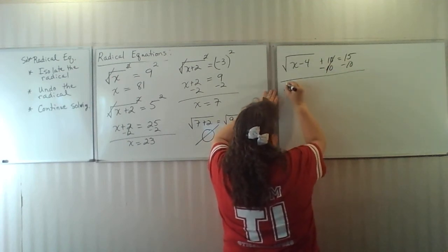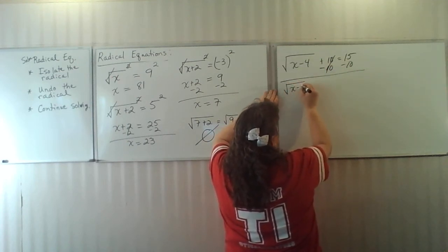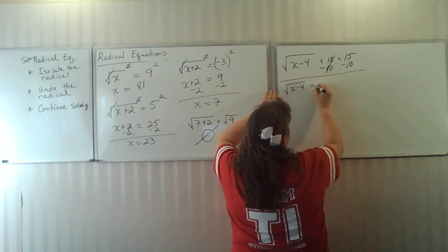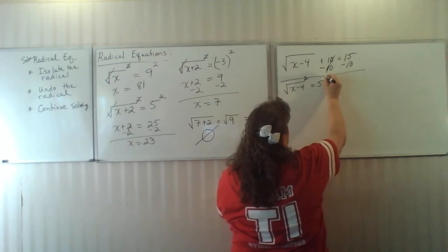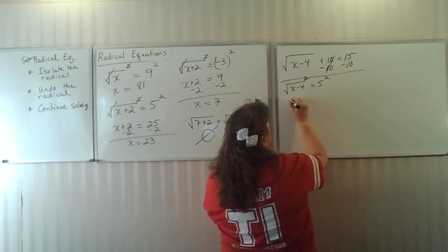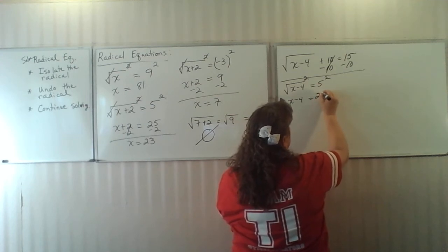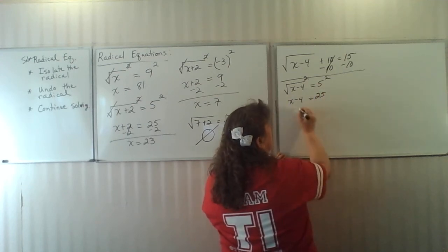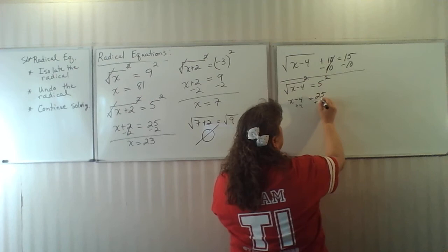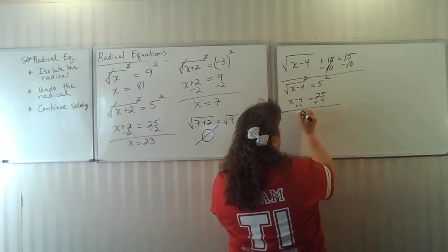And we still have my square root here, and that's equal to a 5. Now square both sides, and I end up with x minus 4 is equal to 25, because 5 times 5 is 25. Add my 4, and I end up with x is equal to 29.